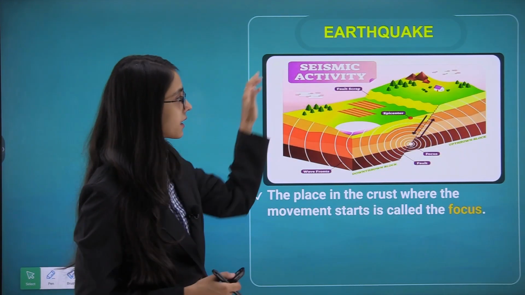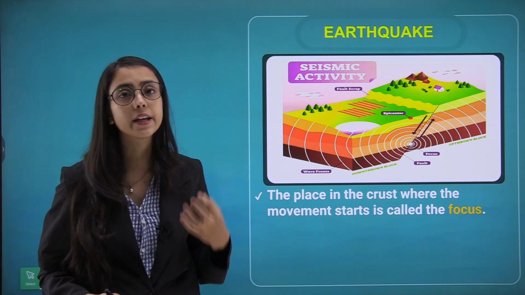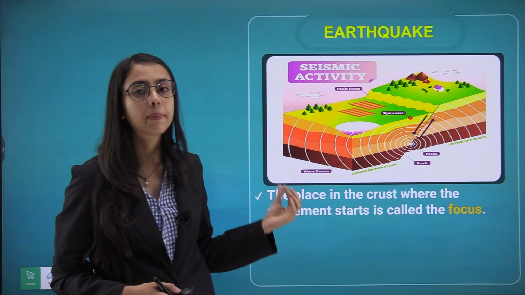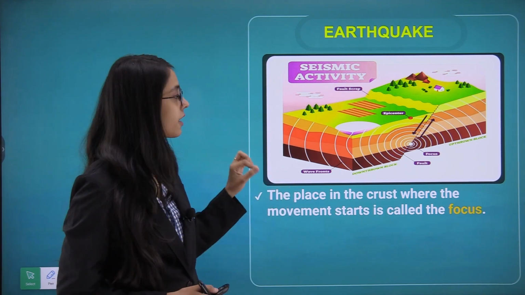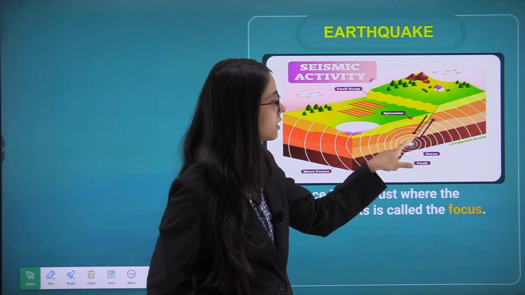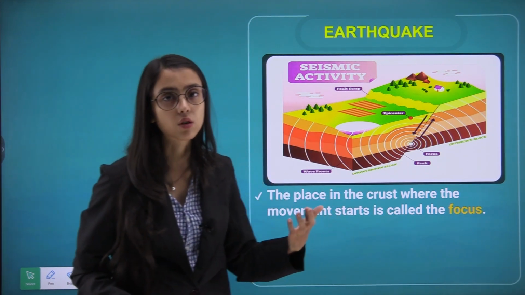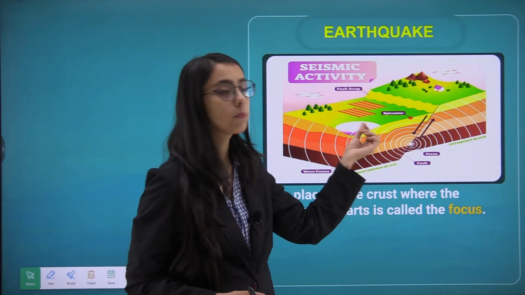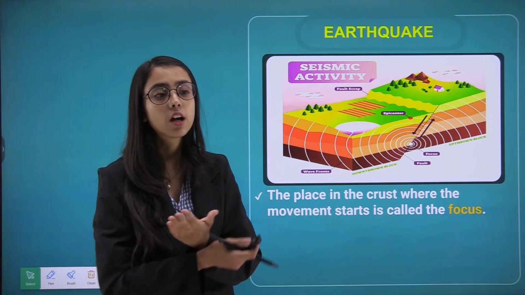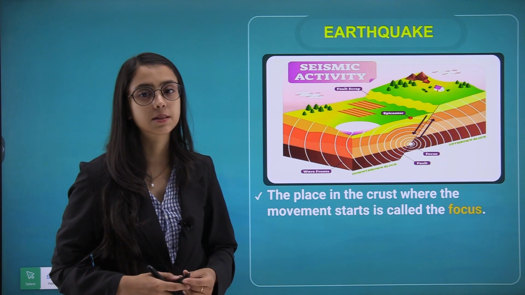Here is a diagram that shows us how an earthquake actually takes place under the surface of the earth. The place in the crust where the movement starts is called the focus. As you see here, this point is known as the focus because this is where the plates have started to move, and this has resulted in the movement of the area around the plates.